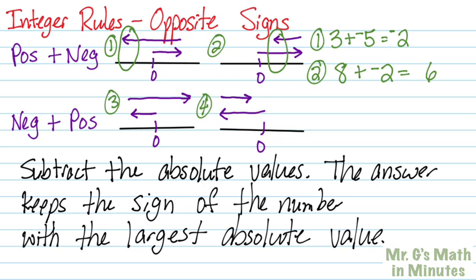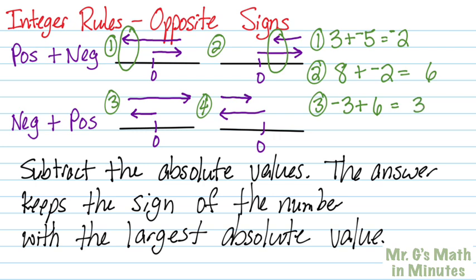For the third number line, we have our negative number first, and it's a smaller negative number. So let's go with -3 plus a larger positive number. Let's go with 6. Again, we have opposite signs, so we subtract absolute values. 6 minus 3 is 3.